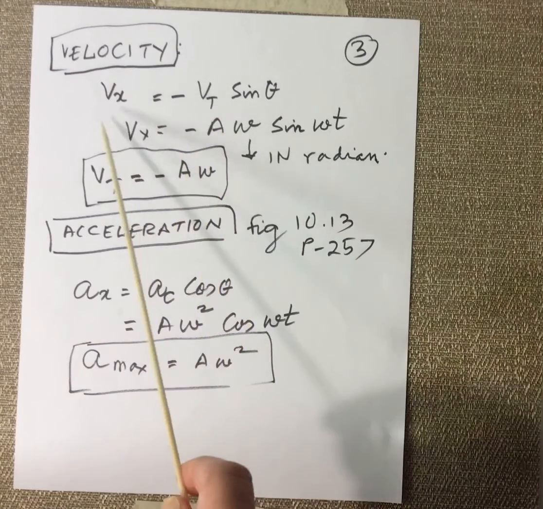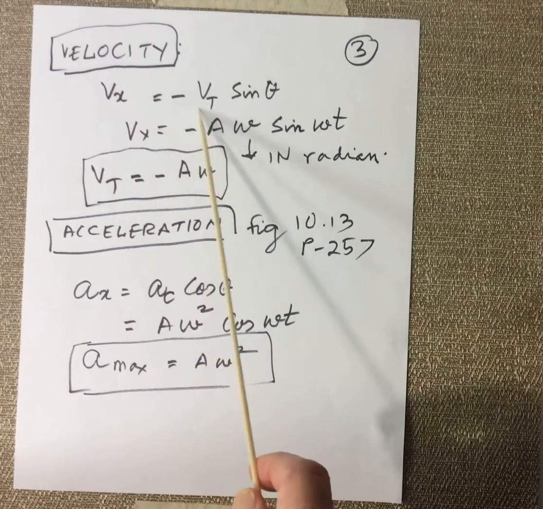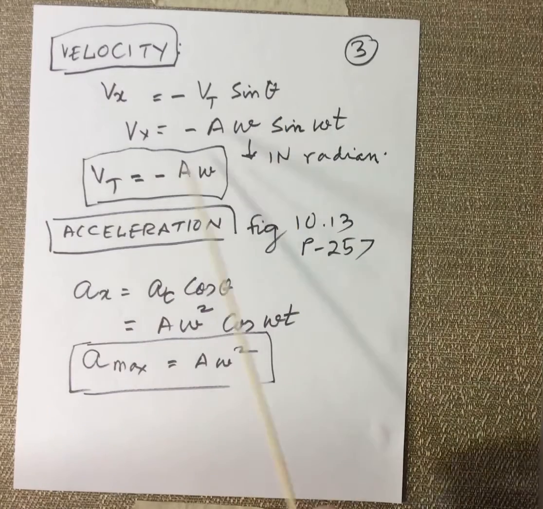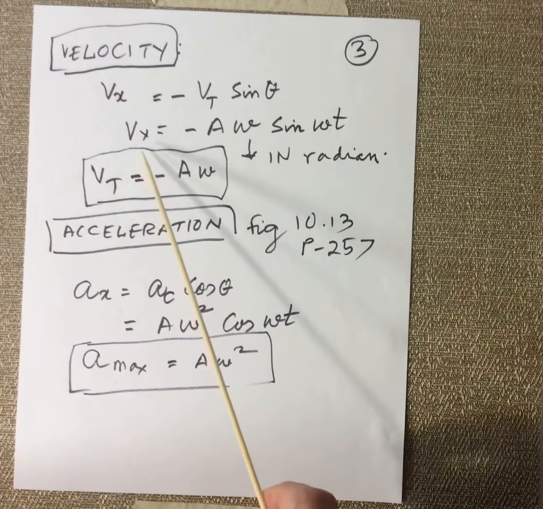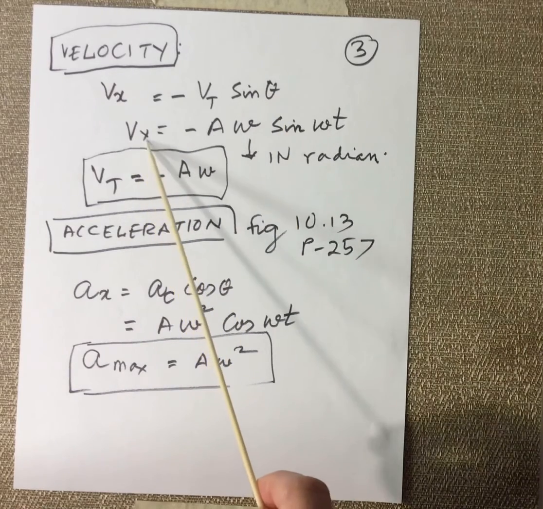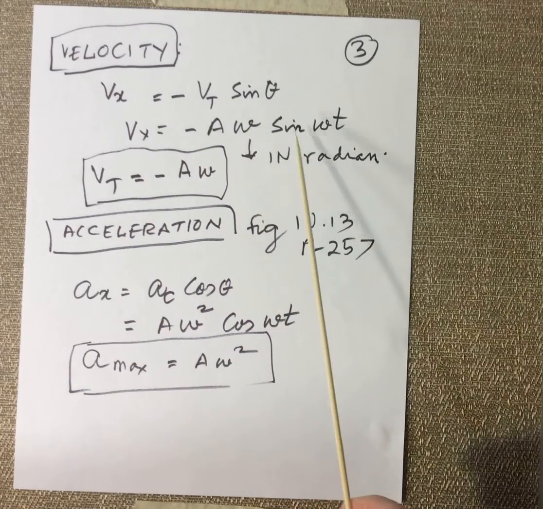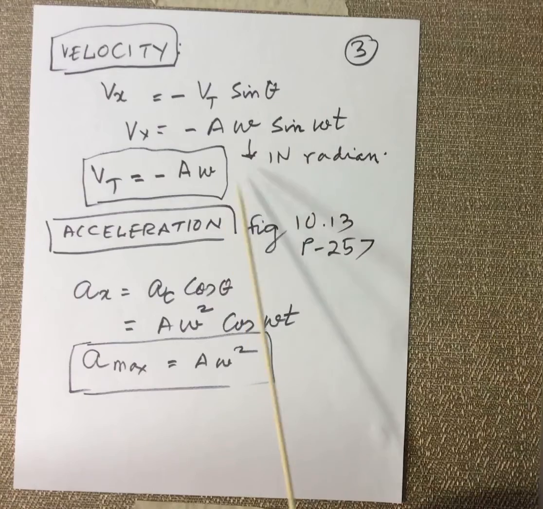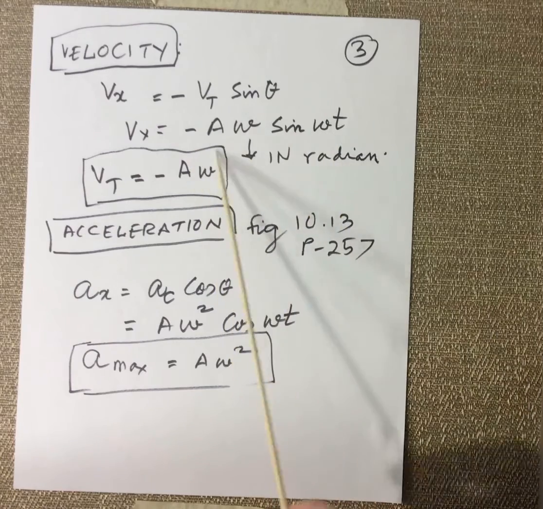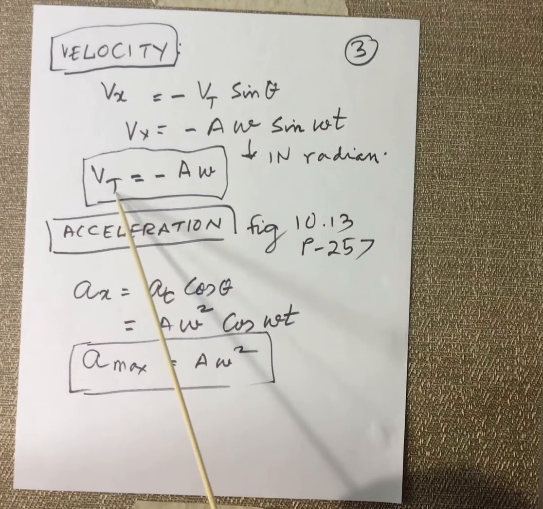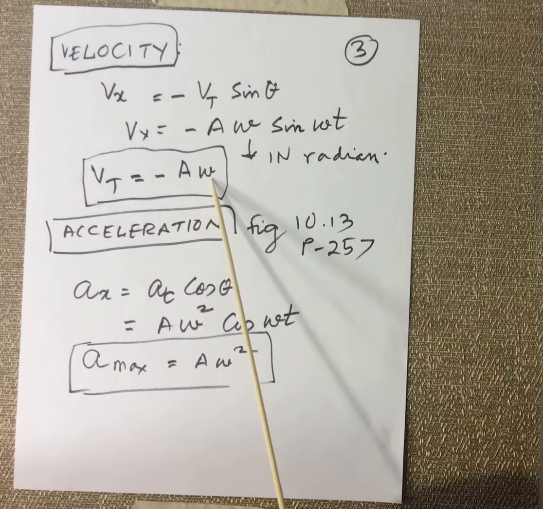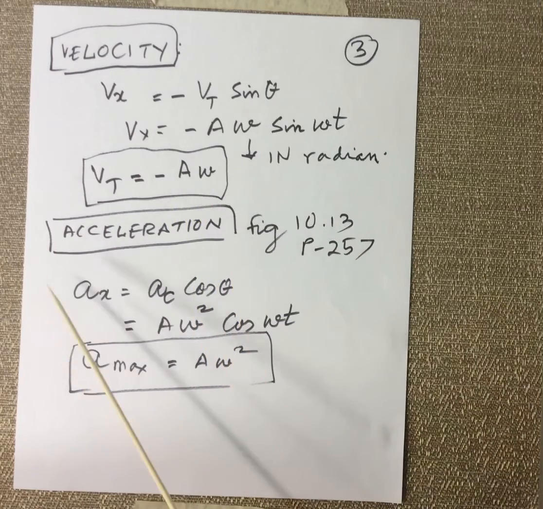So Vx equals negative Vt sine theta, which is Vx equals negative amplitude omega times sine omega t. This is in motion, so Vt will be amplitude times omega.